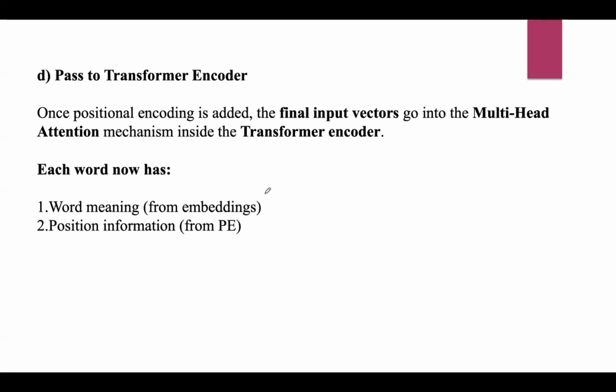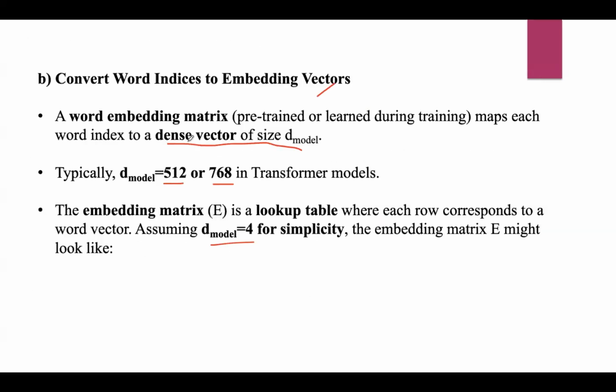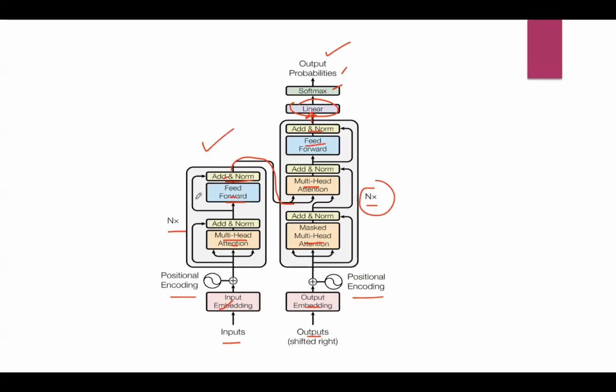And after this, we need to pass it to the transformer encoder. You can see all these things in the diagram clearly. After the element-wise sum, after adding the positional encoding with the input embedding, we need to pass this value to the encoder.